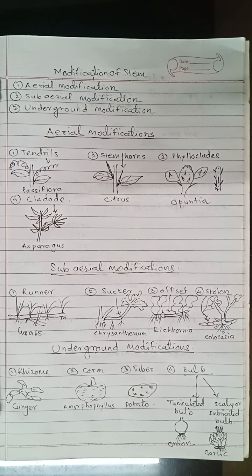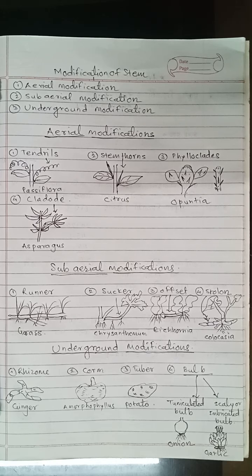In such cases, the stem becomes flattened to carry out photosynthesis. These modified stems are called phylloclades or cladophylls. Usually, the phylloclades retain water in the form of mucilage. Example, Opuntia or cactus plant, Casuarina.